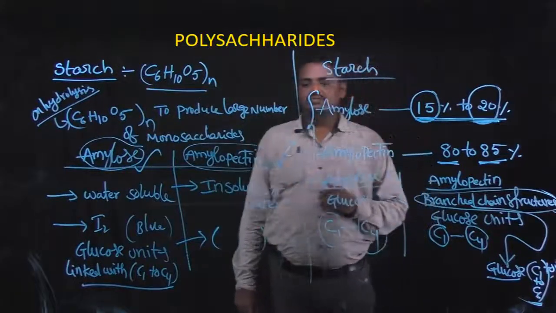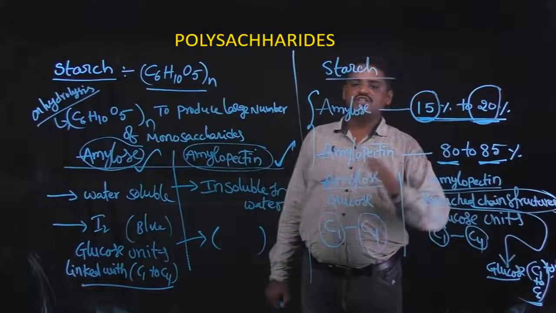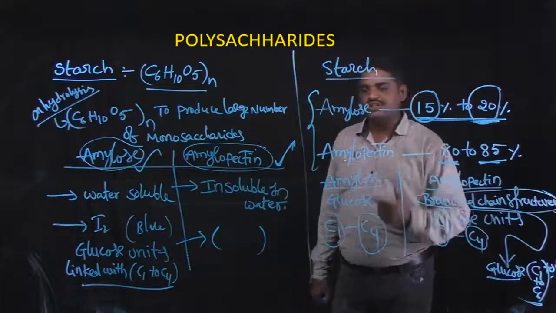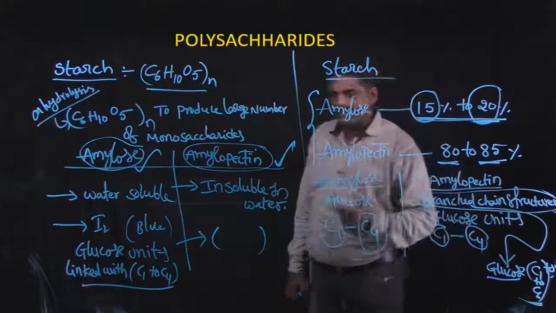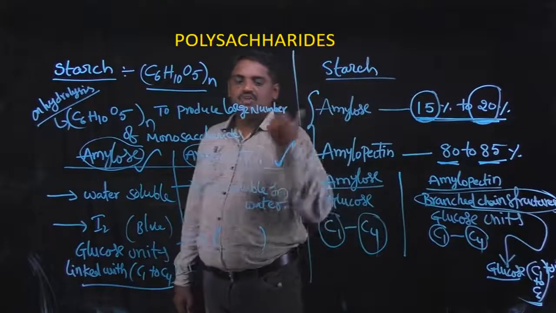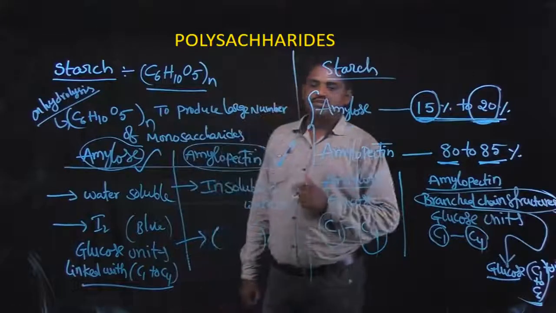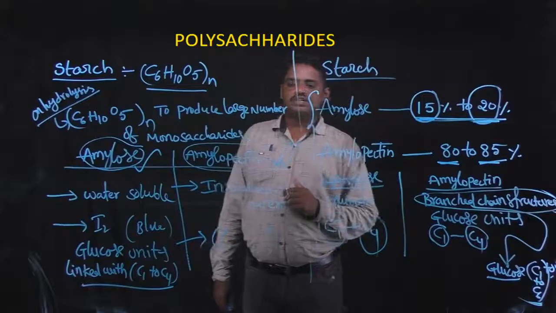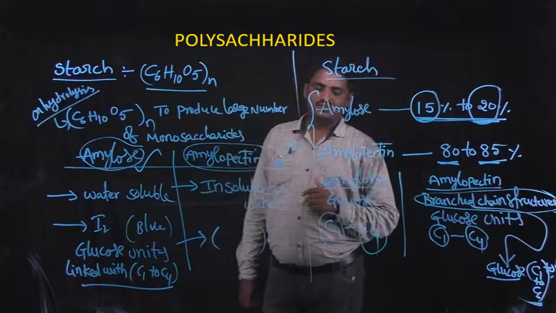And next, carbohydrates are used to make different types of artificial sugars, which create a large amount of energy in a short period. Carbohydrates are also used to make different types of food materials.